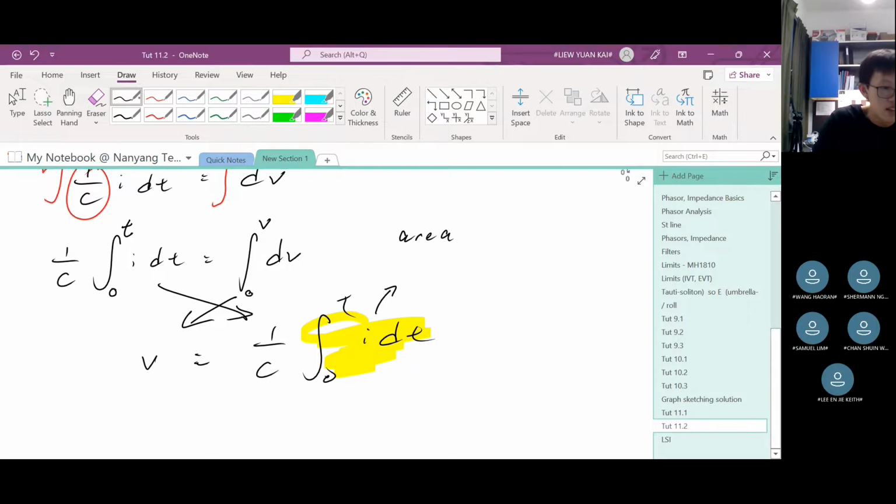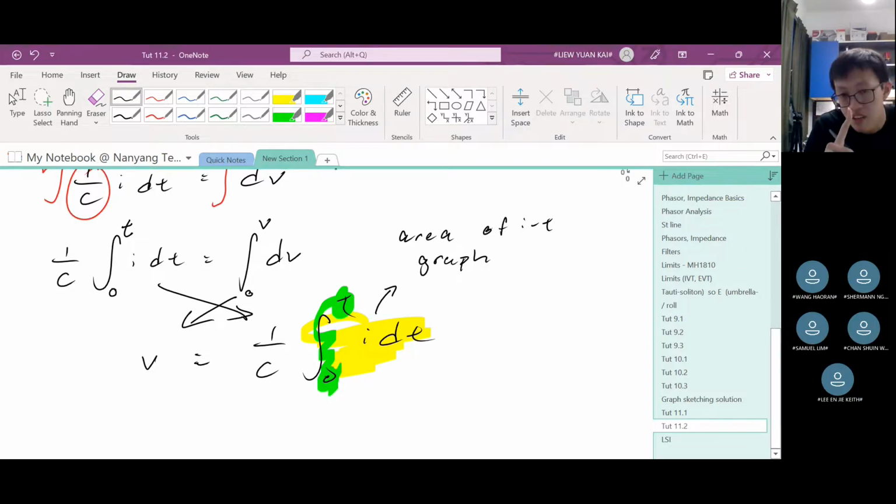Area of IT graph. But, you see, notice that the bounds of the integral is from 0 to t. What does that mean? It is not just the area of the IT graph, it is the area of the IT graph accumulating from time equals 0.